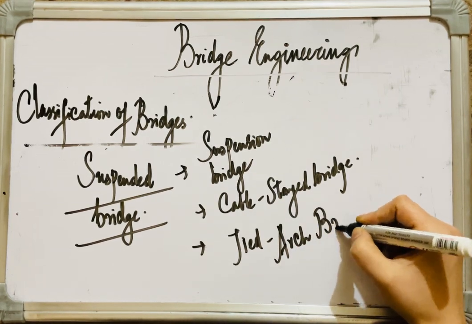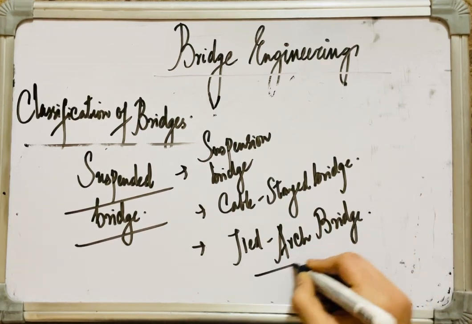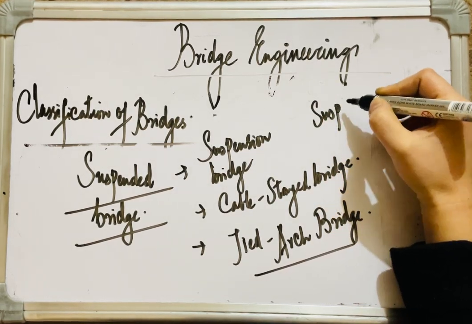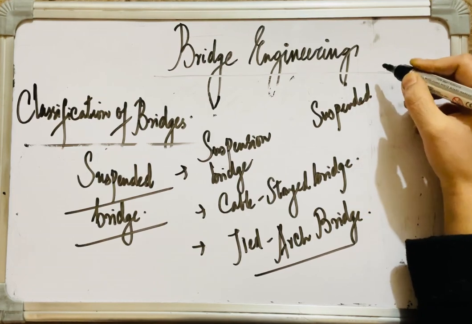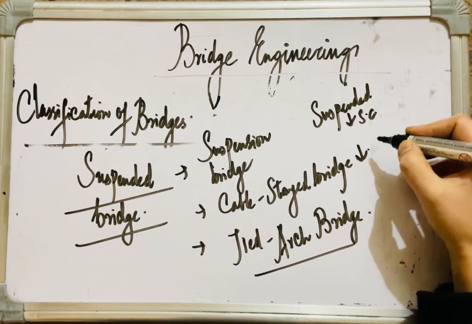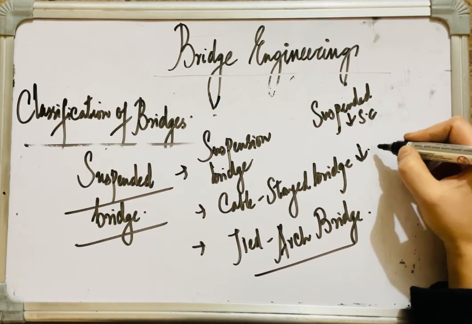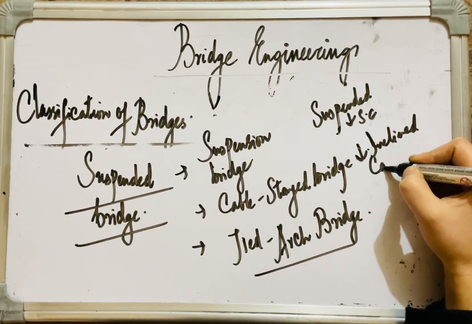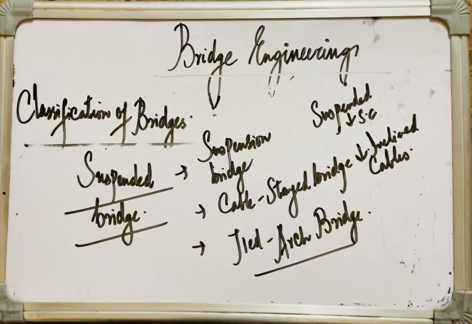In all these cases, the bridge floor remains suspended. In case of suspension bridge, below suspension cables, or suspended by means of inclined cables in case of a cable stayed bridge.